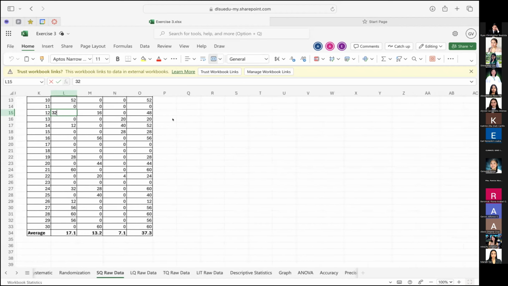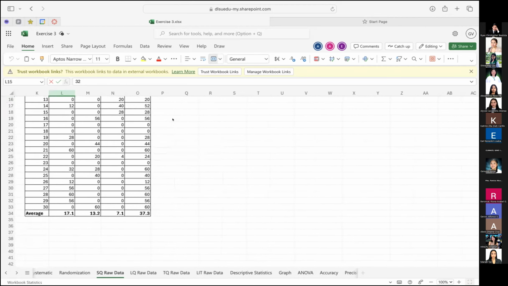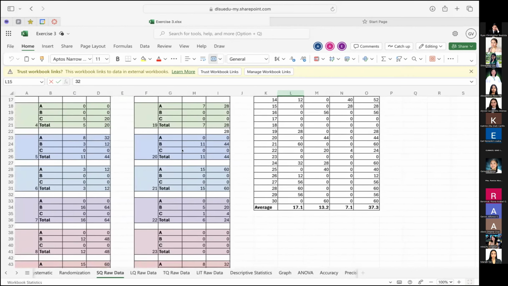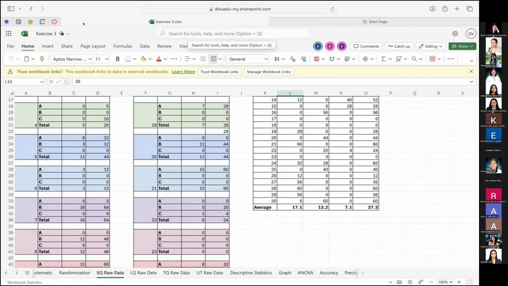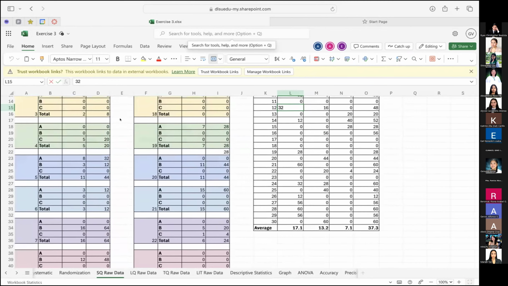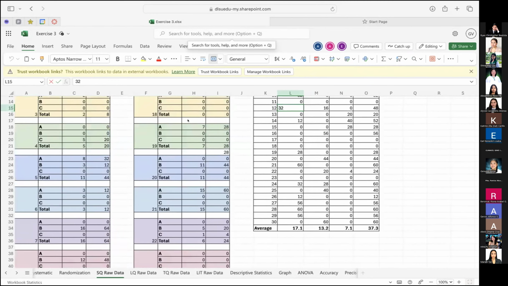Nikki, could you scroll a bit to the pinaka-left? I'm sharing my whole screen, so I'm a bit confused about what you can see. Okay lang. Sige, thank you.